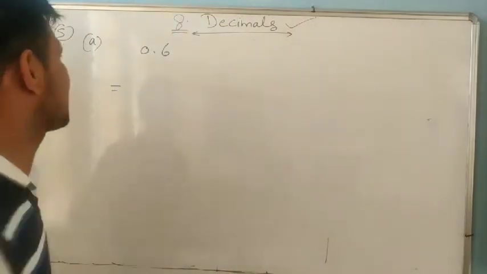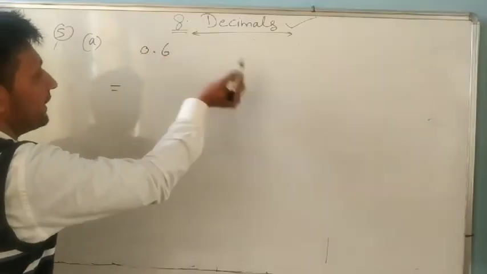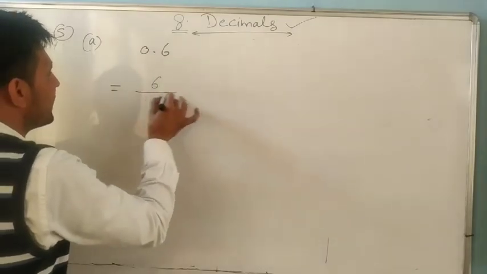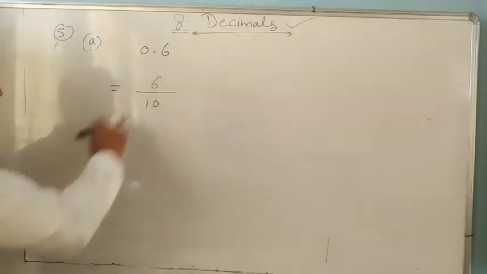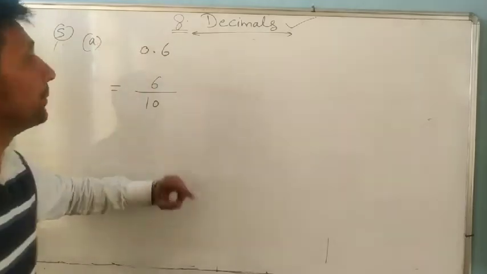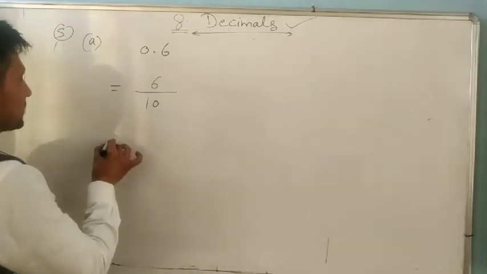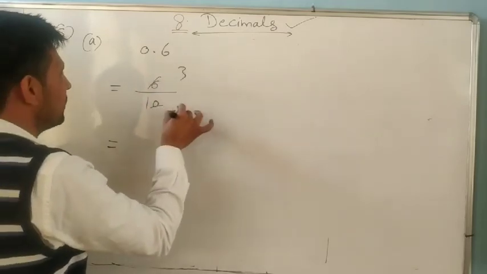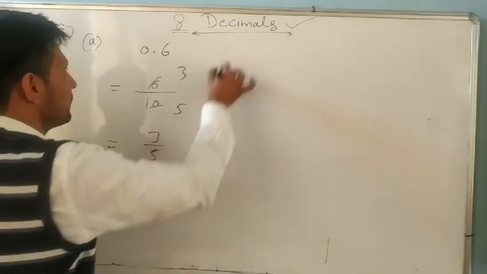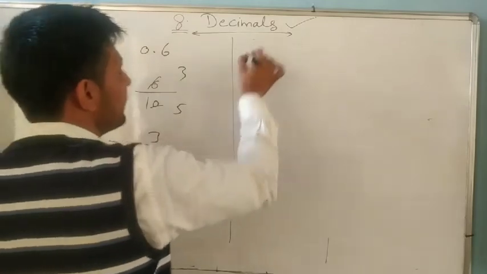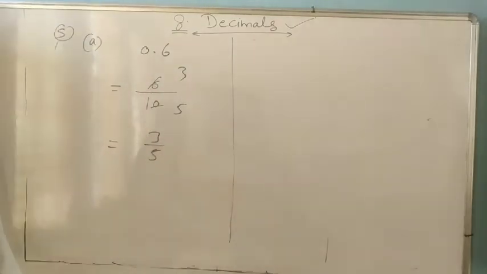We will write in fraction. After decimal, how many digits? 1. So it means there is 1 0 in denominator. 6 by 10. So it means 6 tenth. Okay. And simplest form, 2 3s are 6, 2 5s are 10. What is the answer? 3 upon 5. Simplest form means no common factor in numerator and denominator.